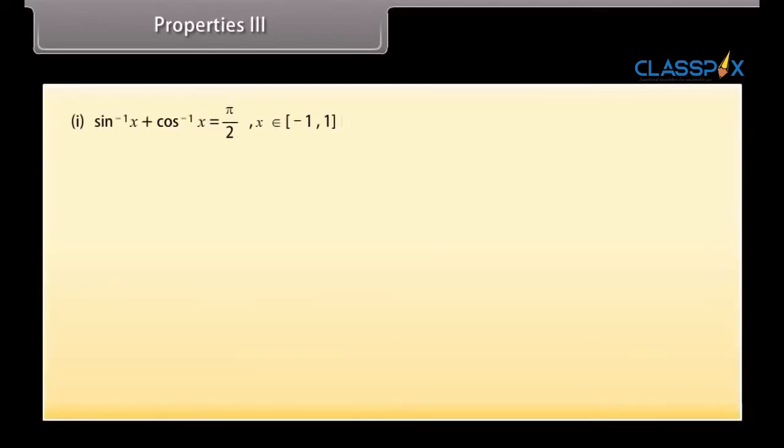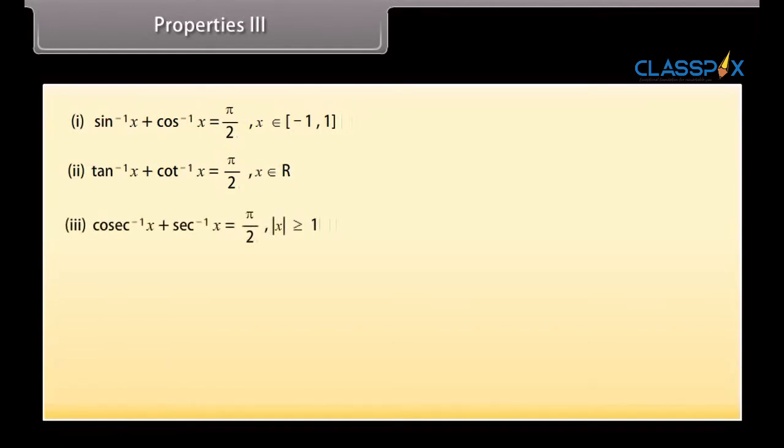Properties 3. Sine inverse x plus cos inverse x is equal to pi by 2. X belongs to minus 1, 1. Tan inverse x plus cot inverse x is equal to pi by 2. X belongs to R. Cosec inverse x plus sec inverse x is equal to pi by 2.